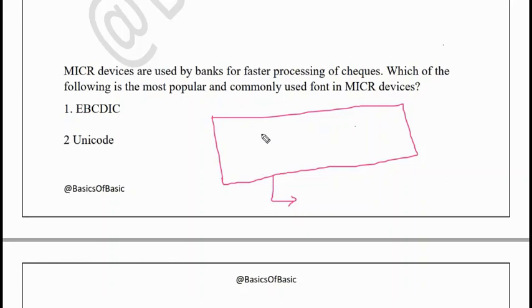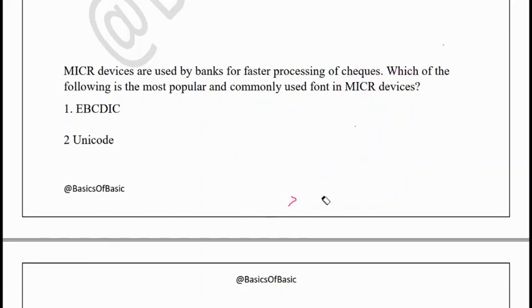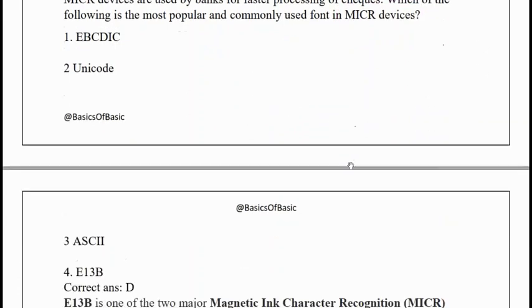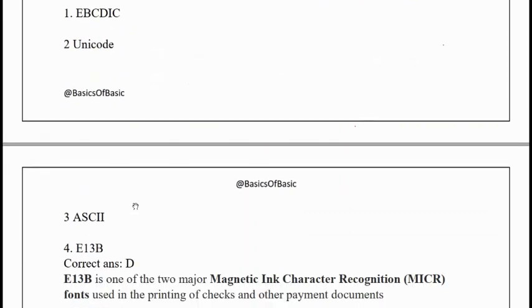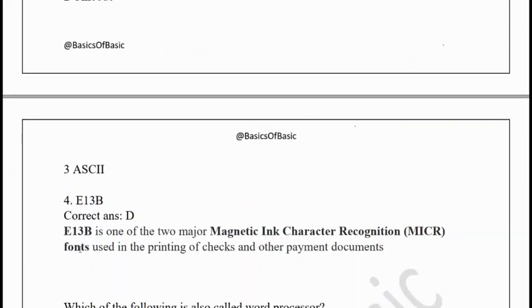So to avoid that, they started using MICR devices. They used to just scan the check and send it online. This will be authenticated by the bank officials through MICR devices. So which of the following is the MICR font? The answer is E13B. This is the static part you need to know. MICR, you also should know the full form: magnetic ink character recognition.